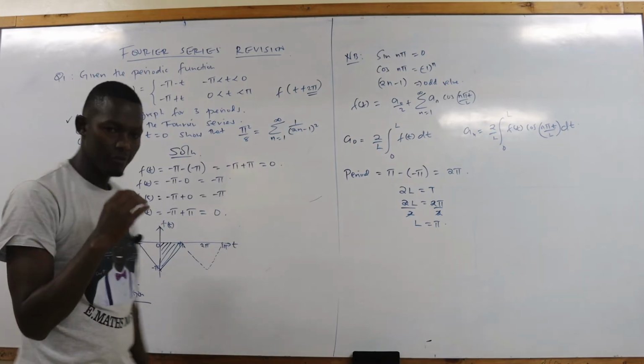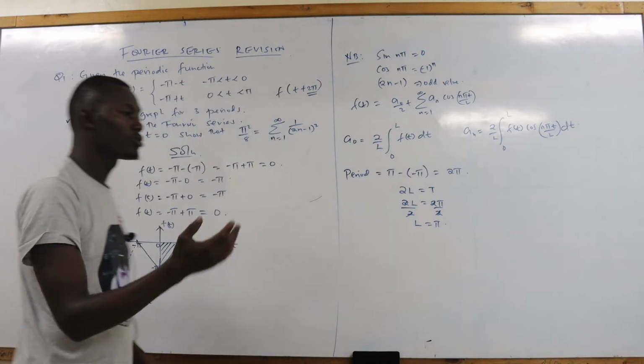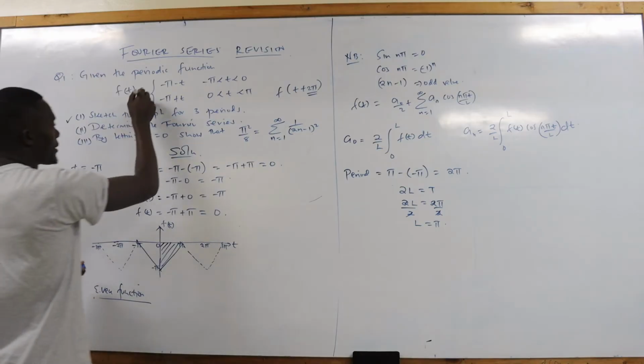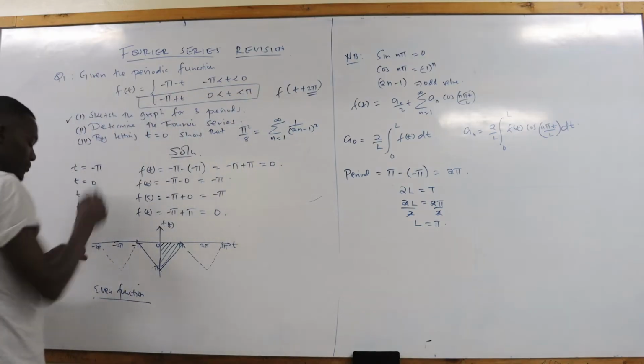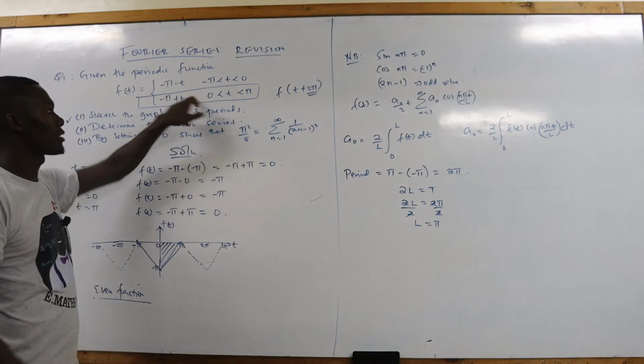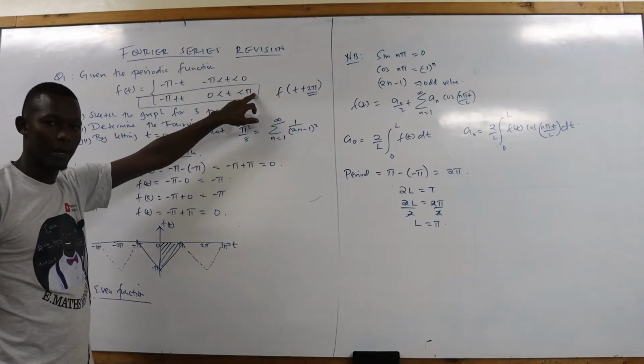Now, knowing if a function is even or odd also enables you to simplify your working by just working with one part of the function, because we shall only work with the function running from 0 up to pi.